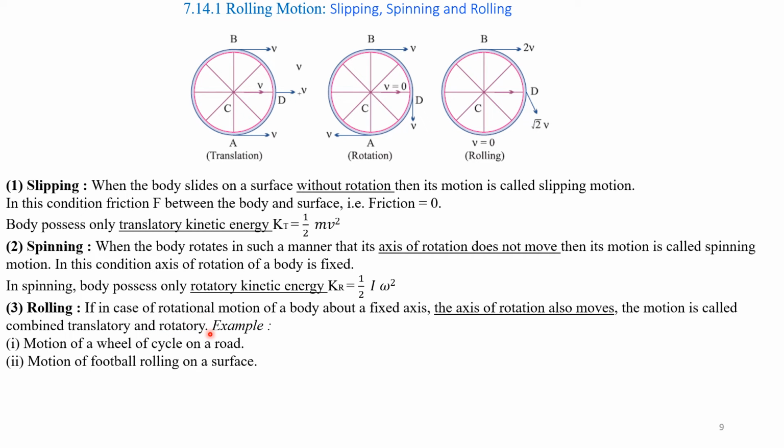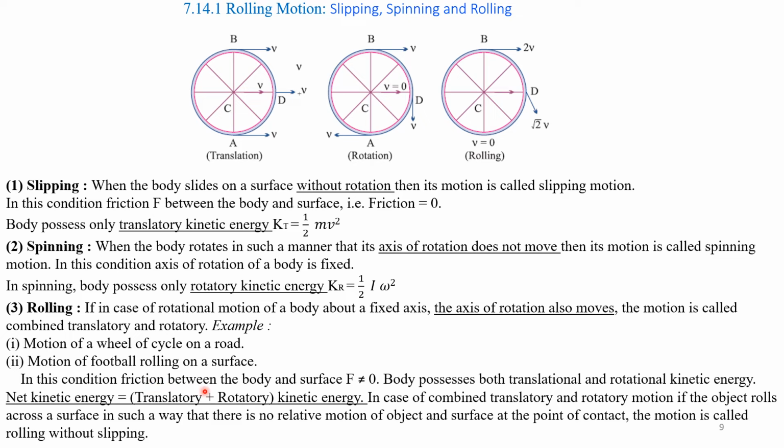That means in rolling motion, the axis of rotation also moves and the body also moves. Both move. For example, motion of a wheel of a cycle on the road. When a cycle moves, the axis of rotation of the wheel moves as well as the cycle itself moves. Similarly, motion of a football rolling on the surface.